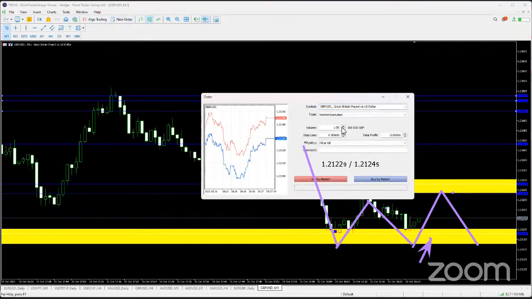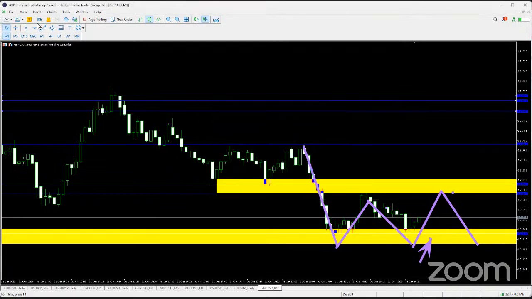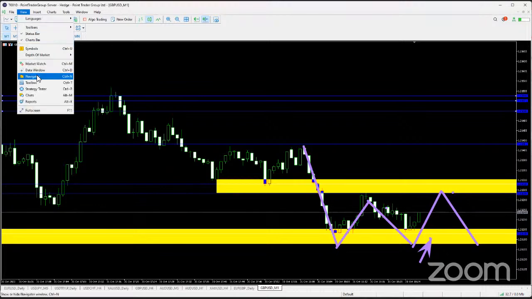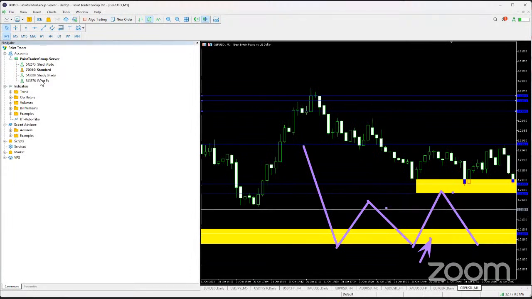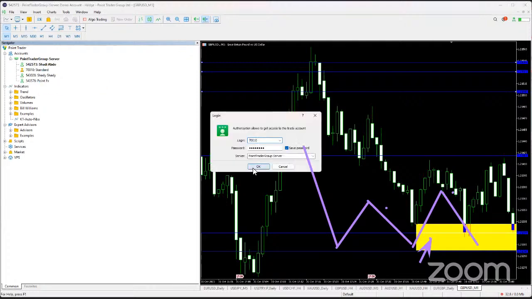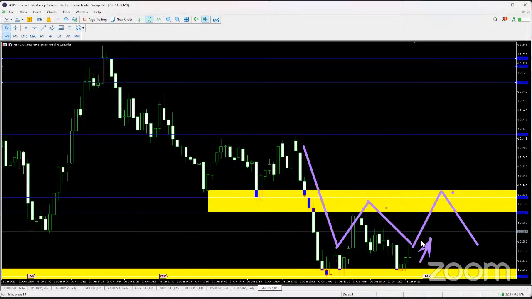I'm waiting for the pair to reach this area of resistance.